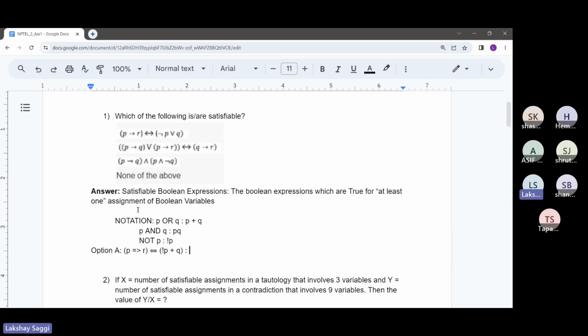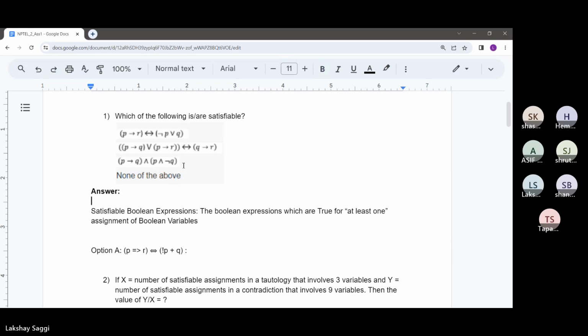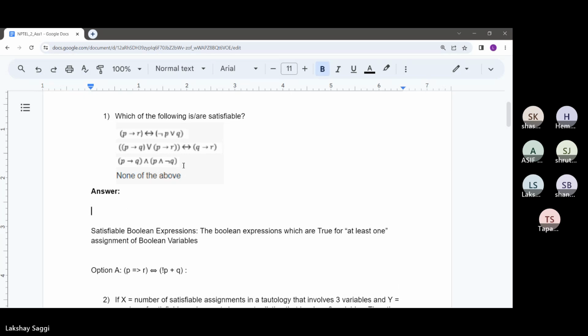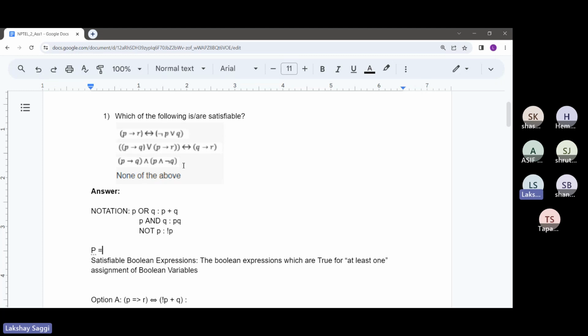You guys must have seen in the lectures, I think, that an expression P implies Q is logically equivalent to not P plus Q. This is because the statement P implies Q is true if P is true and Q is true, and it is also true whenever P is false.